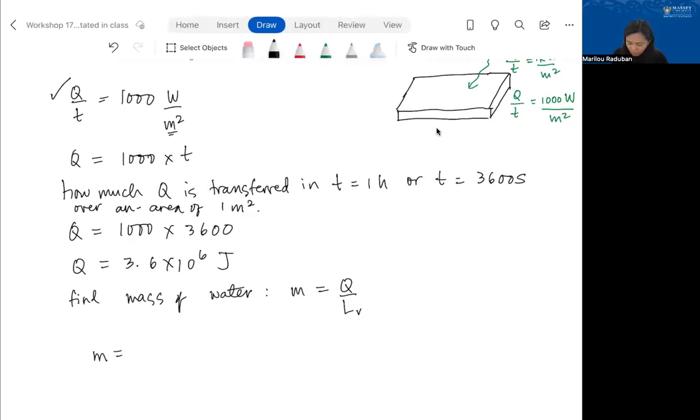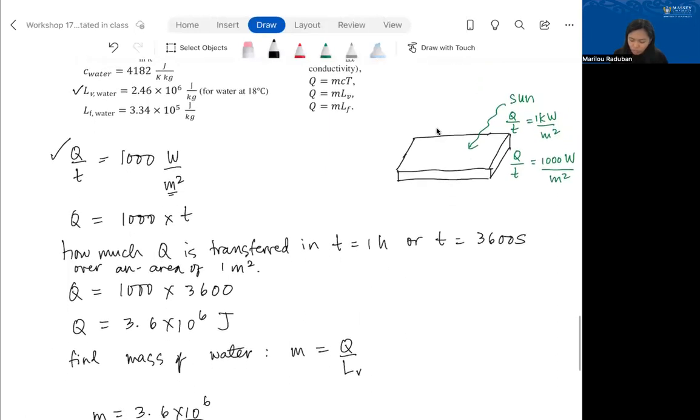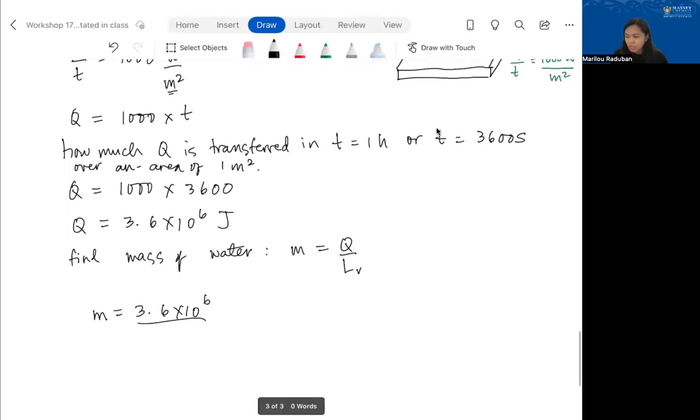So you have mass is 3.6 times 10 to the 6 divided by L_V, which is just a constant number, 2.46 times 10 to the 6. That gives 1.4646 kilograms.